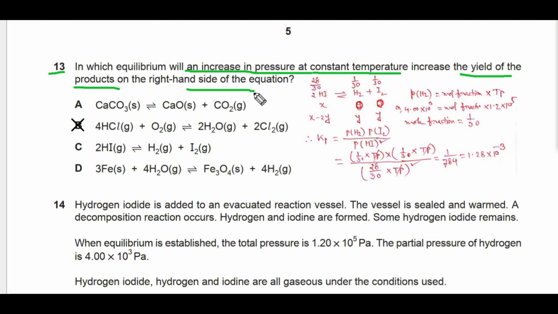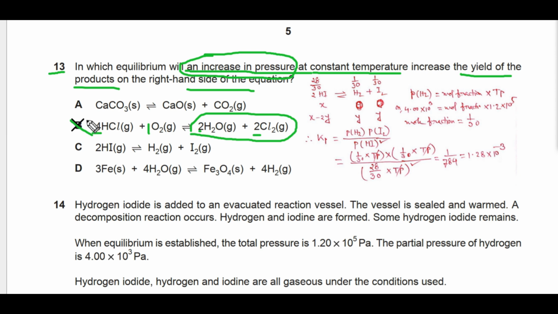On the right hand side. So an increase in pressure, and you know, if you increase the pressure, the equilibrium will move to the side with the smaller number of gaseous molecules. So here 4 mole, 1 mole, 5 mole. The right side has 2 plus 2, 4 mole.